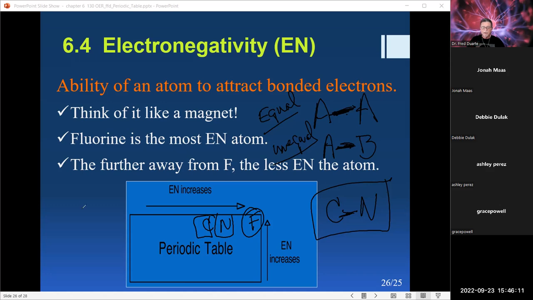We have a type of bond that is a combination of a metal and a non-metal. For example, sodium chloride, table salt, what we put on French fries. We have a metal, sodium, interacting with a non-metal, chloride.